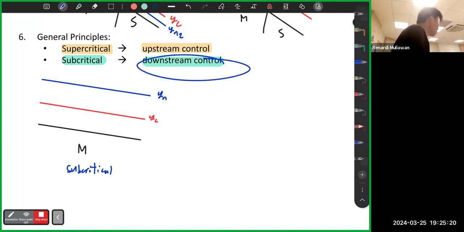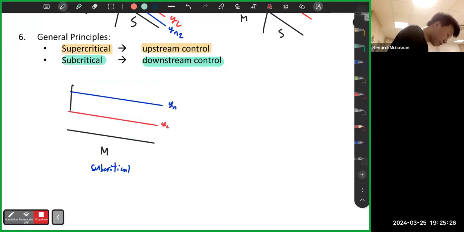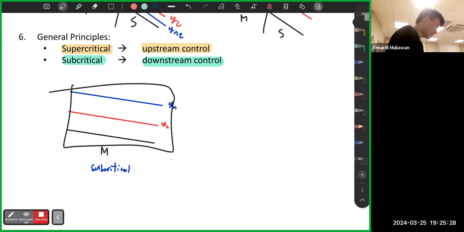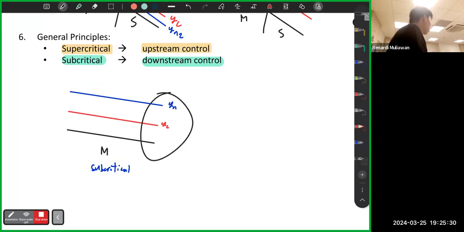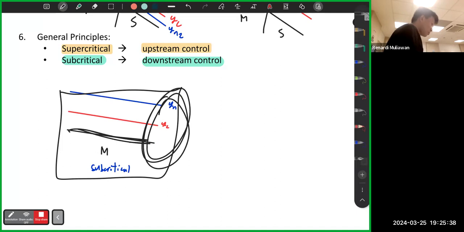Subcritical has downstream control. So what does this mean? This means that this particular section only cares about what happens downstream. For this particular box, it only cares what happens downstream of the section.